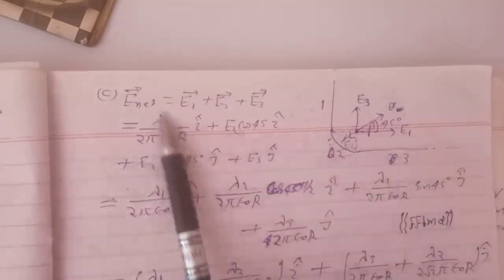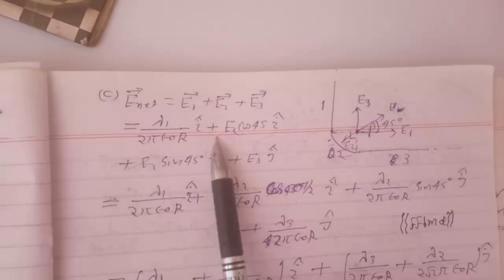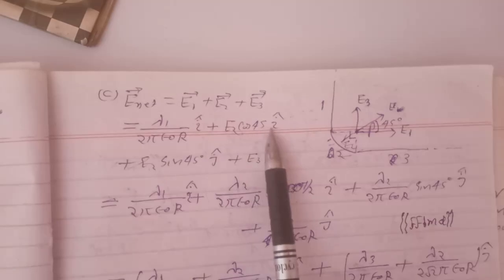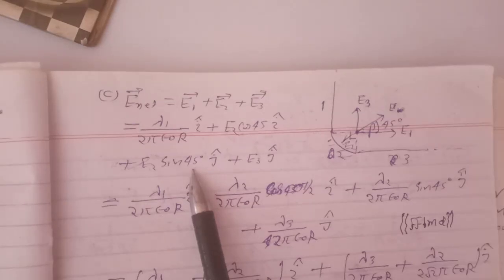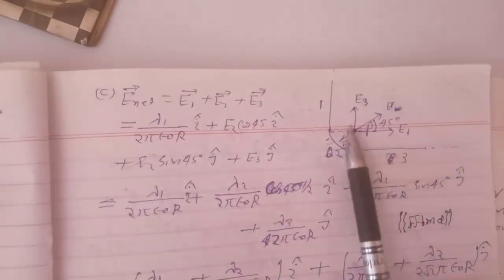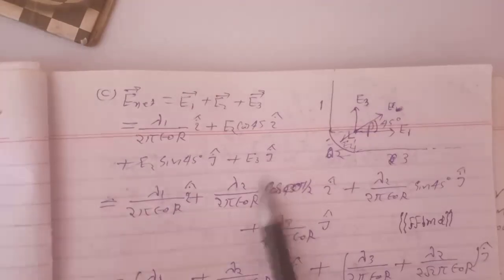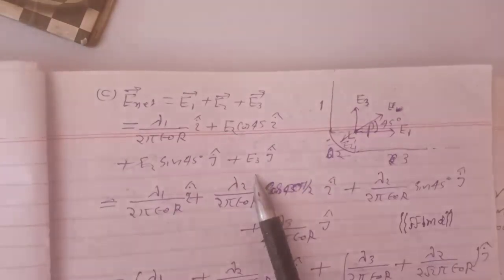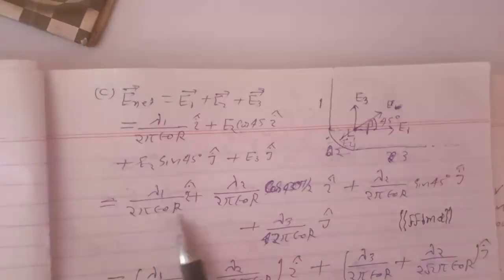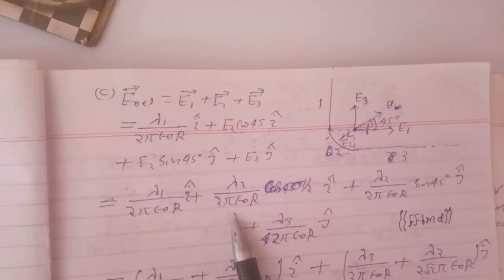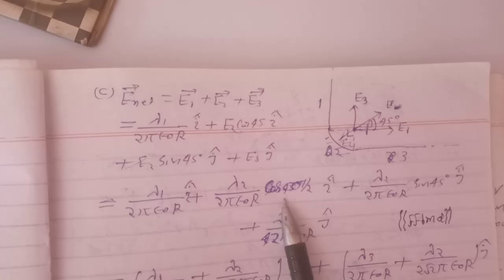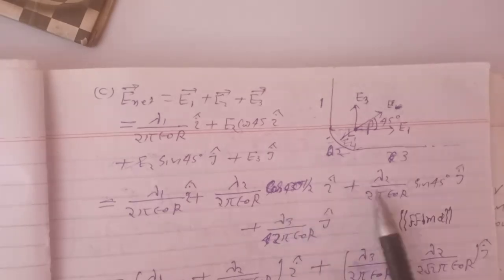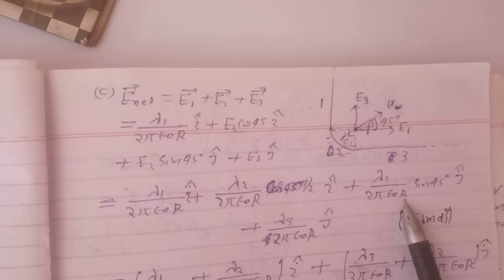Now E1 is lambda 1 by 2 pi epsilon naught r into i cap, and E2 will be E2 cos 45 into i cap plus E2 sin 45 j cap, and E3 will be E3 into j cap. So lambda 1 by 2 pi epsilon naught r into i cap plus lambda 2 by 2 pi epsilon naught r cos 45, equal to 1 by root 2, i cap, plus lambda 3 by 2 pi epsilon naught r.